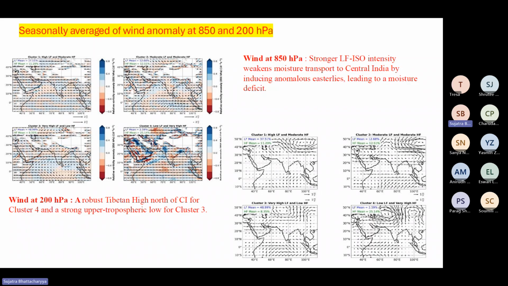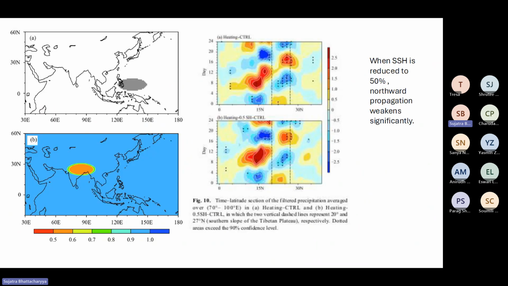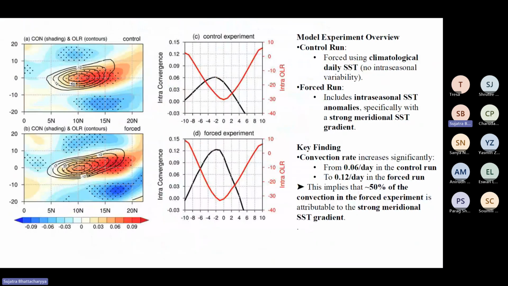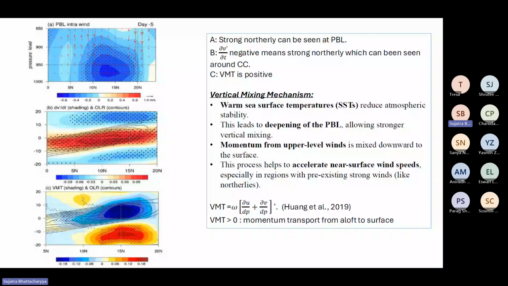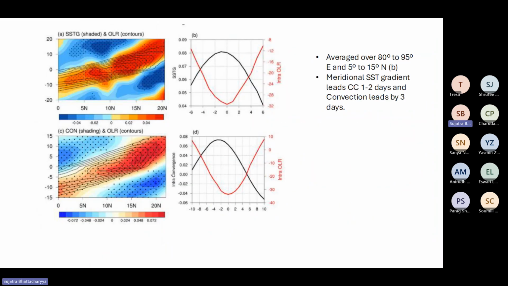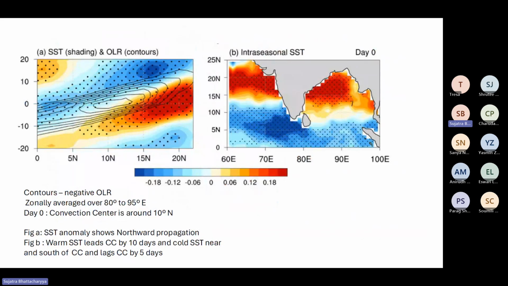What is the magnitude of the SST anomaly here? Look at that anomaly magnitude, it is so tiny, right? So how can this be the core of the mechanism of northward propagation?